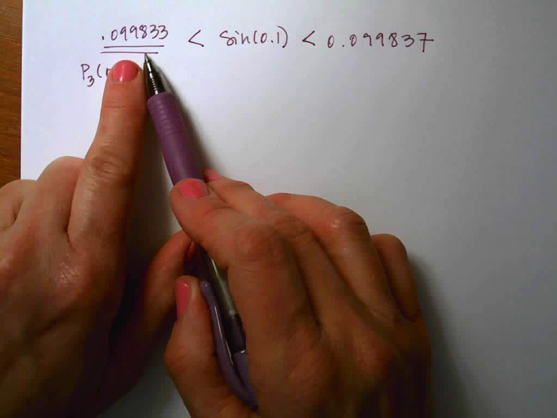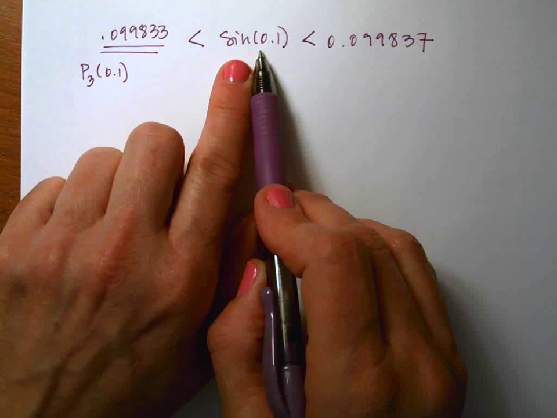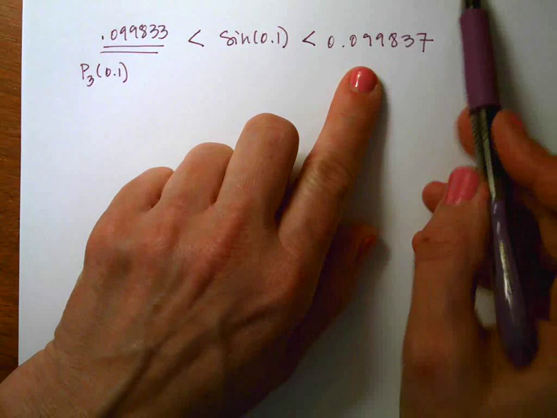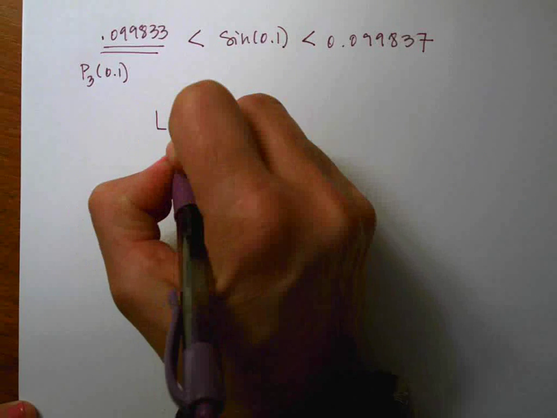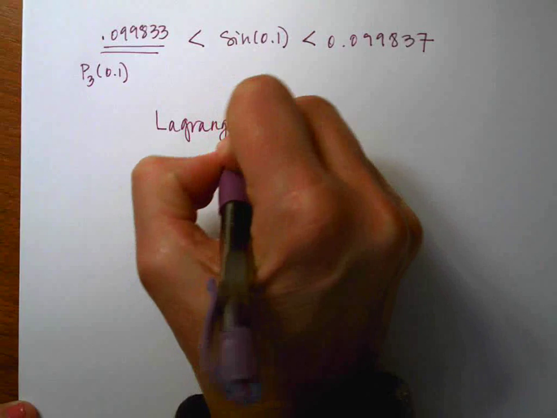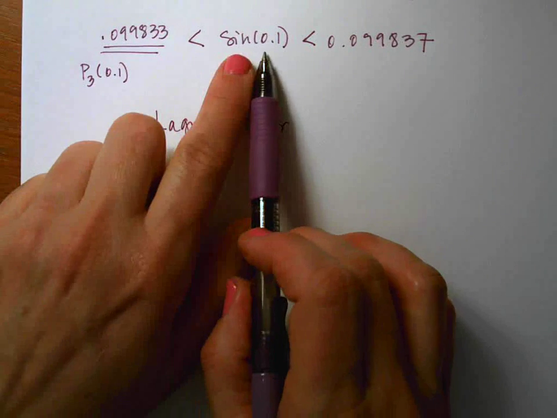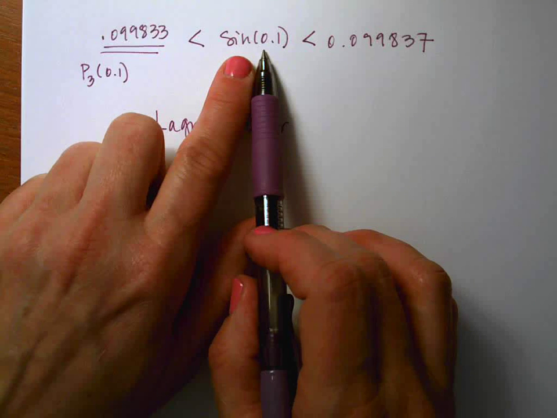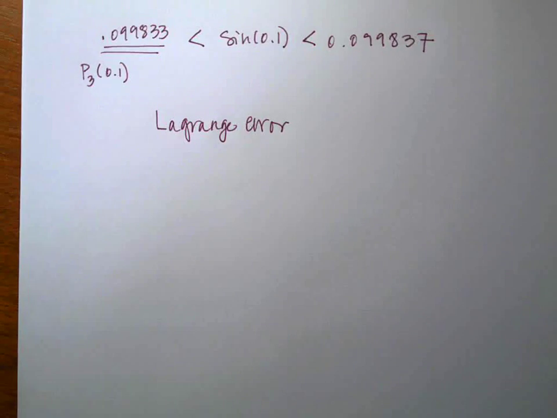So that shows me that this is the range of values. This is the estimation using the Maclaurin polynomial. This would be the actual value. And then this is the remainder or the error or the Lagrange error. And so that means that the actual value of the sine of 0.1 is somewhere in this interval. Alrighty, that's it for today.